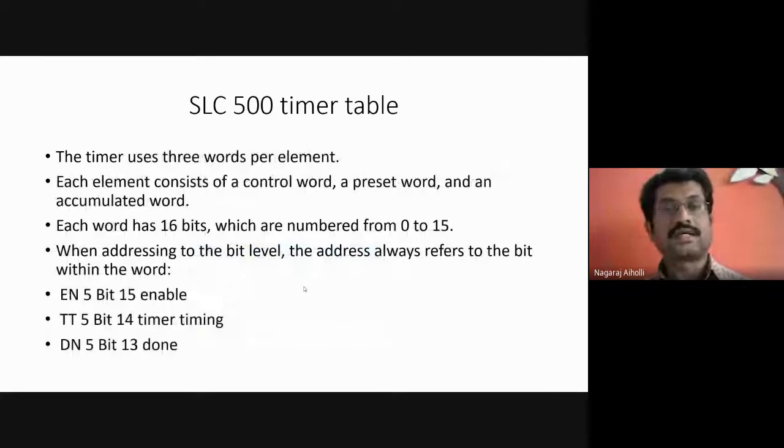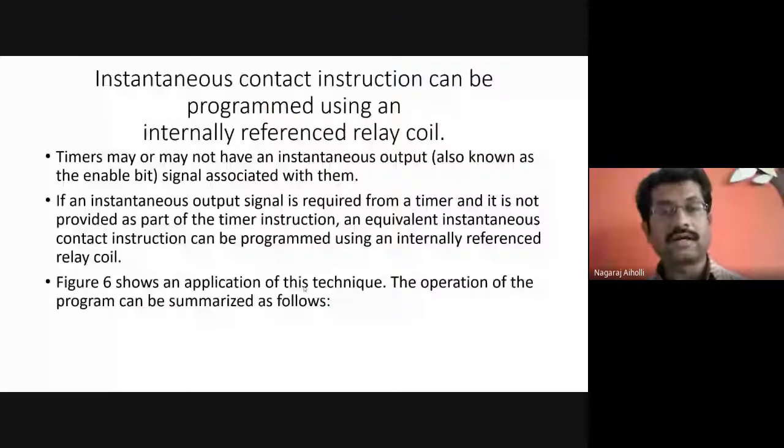Next, an instantaneous contact instruction can be programmed using an internally referenced relay coil. There are two types here: one is called the instantaneous output, and the other is the contact instruction coil.